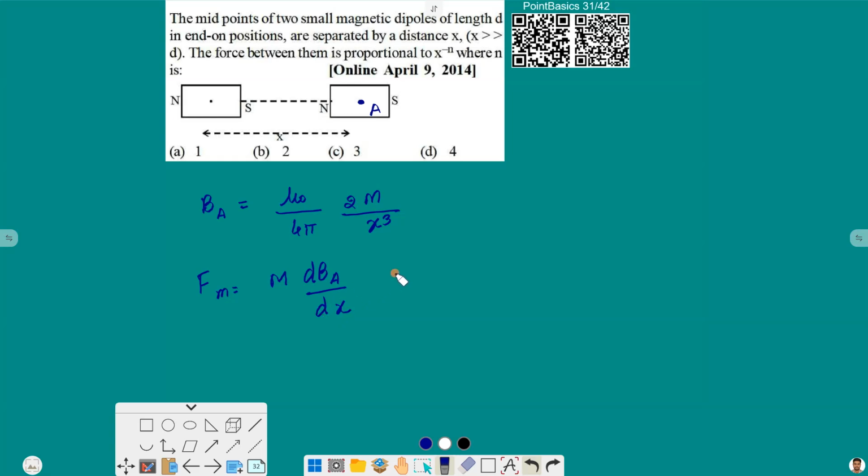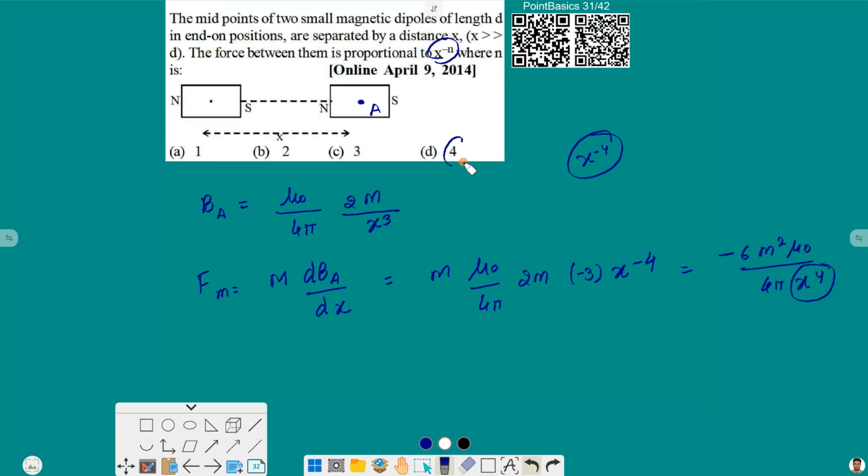So it will be m times mu naught by 4 pi, twice m, and the derivative of 1 by x cube will be minus 3 x raised to power minus 4. So it will be minus 6 m square mu naught by 4 pi x raised to power 4. So the power will be 4.